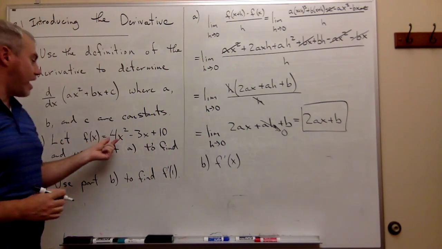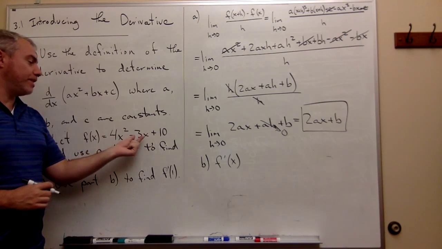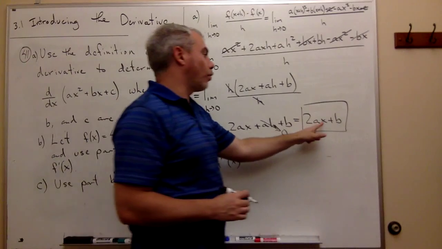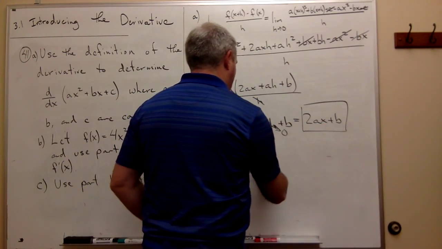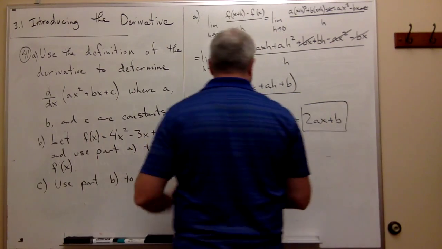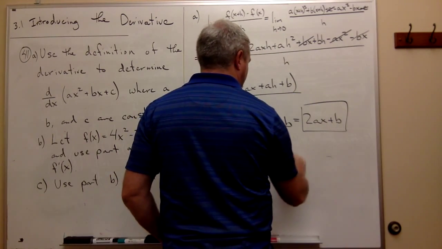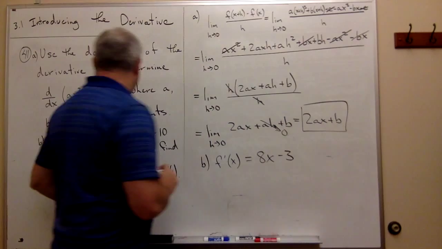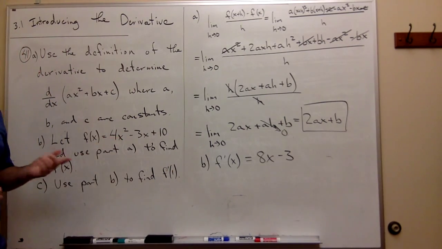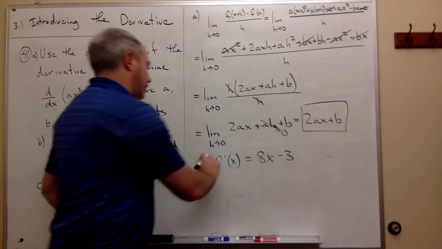In this case, a is 4 and b is minus 3. So I get 2 times 4x, which is 8x, and I get b, which is minus 3. So the derivative of 4x squared minus 3x plus 10 should be 8x minus 3. So that's part B.